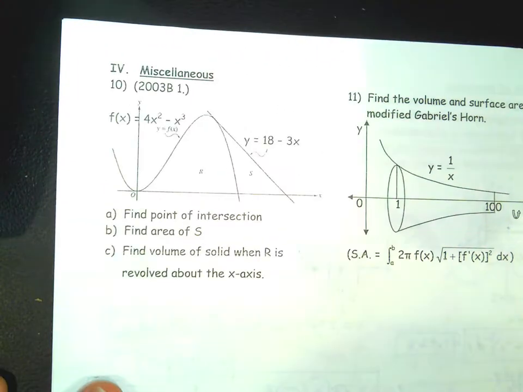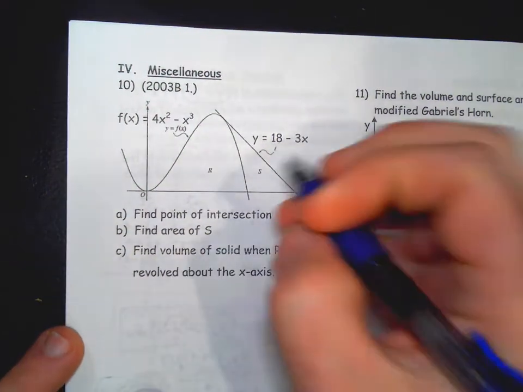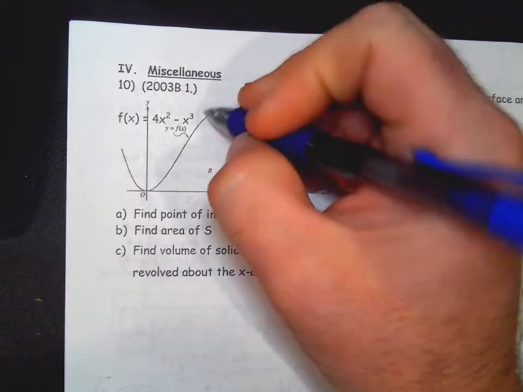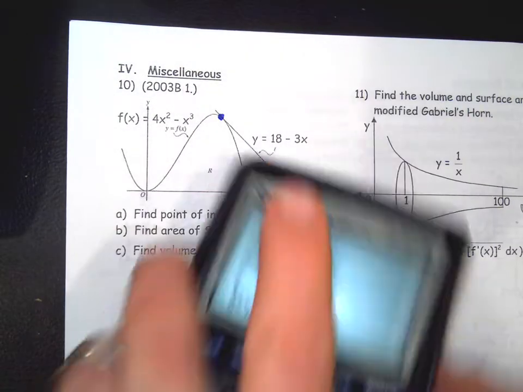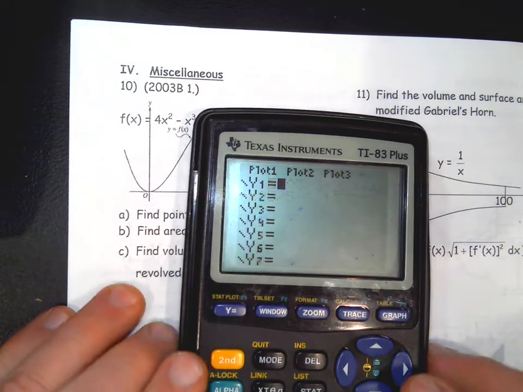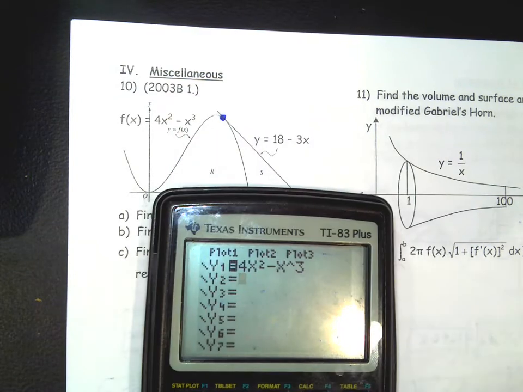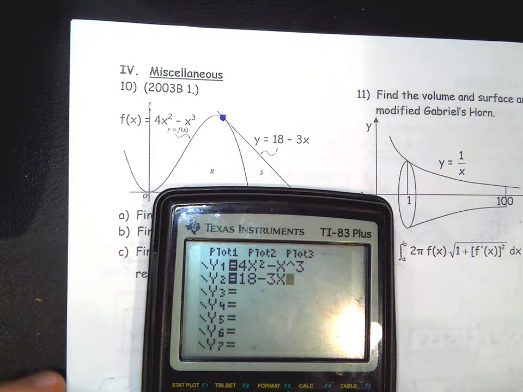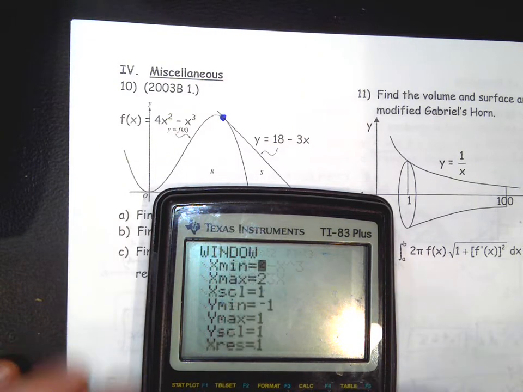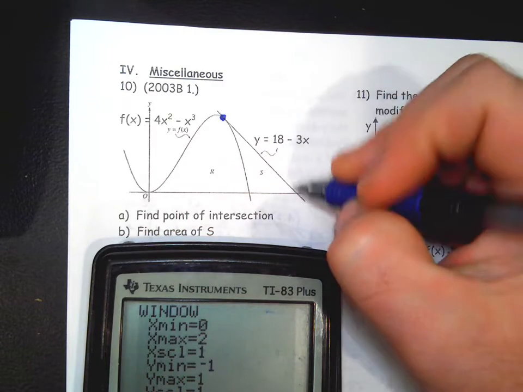Okay, this function, find the point of intersection. So I guess this right here. So I think we want to graph both of these on our calculator. 4x squared minus x to the third, and 18 minus 3x. And the window should be, I mean, what's the x-intercept over here of this?